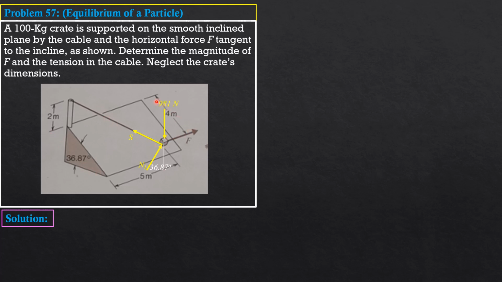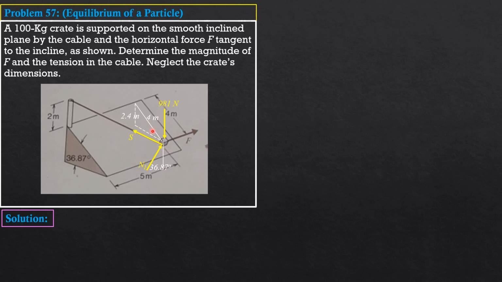So since this distance is 4 and that is inclined, we draw a right triangle. So this angle is also 36.87. So therefore, this vertical component is 4 sine 36.87, and this horizontal component of distance is 4 cosine of 36.87.